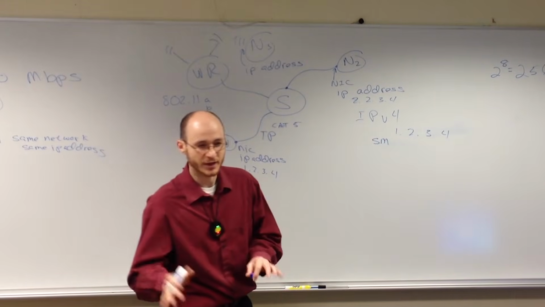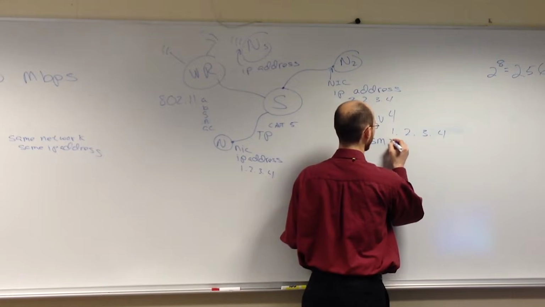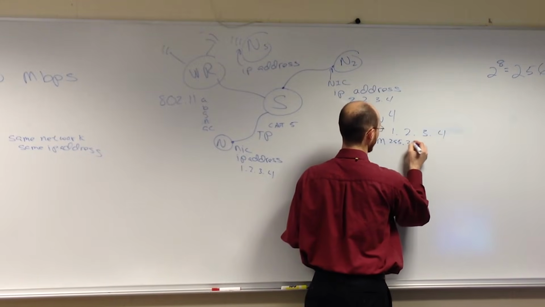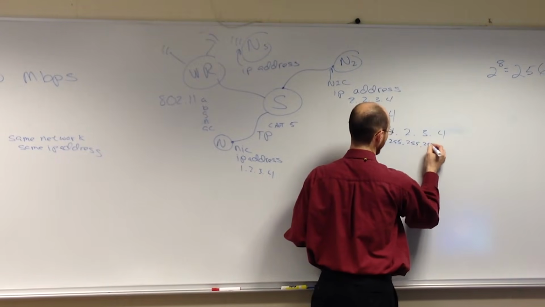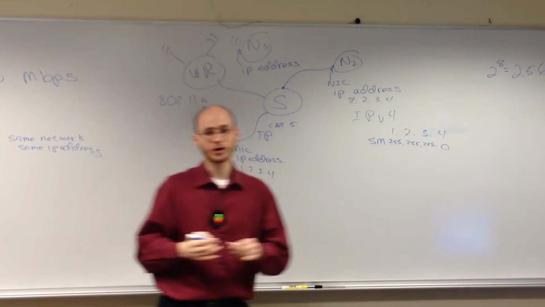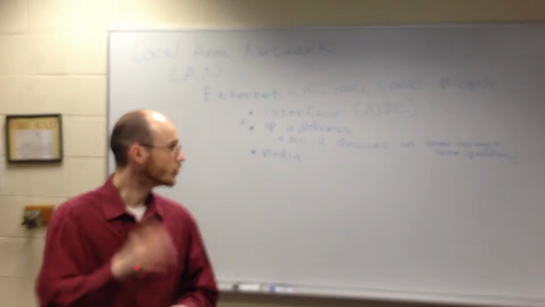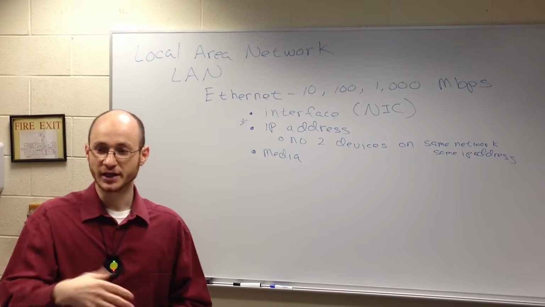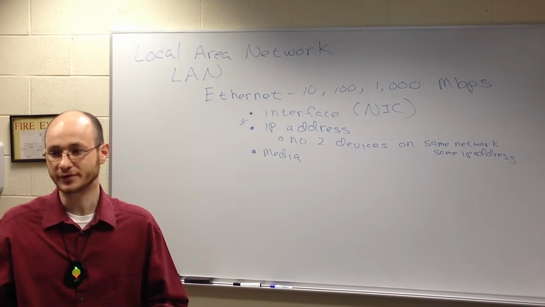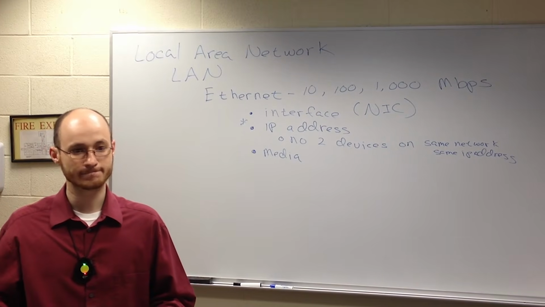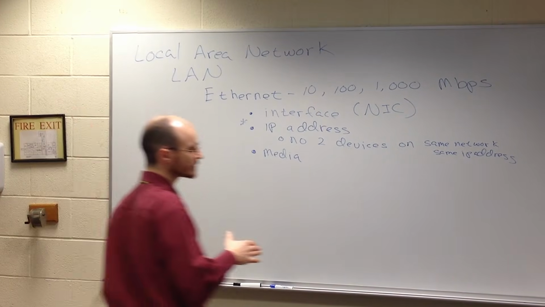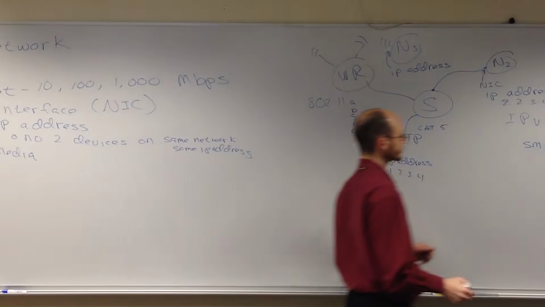Usually it's specified by default. Have you guys seen that before? When you're typing in an IP address on one of your devices, you just click on the subnet mask box and it automatically puts in like the 255s. This is what you need to know as far as what determines this.